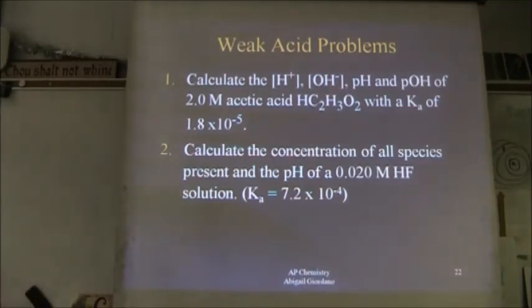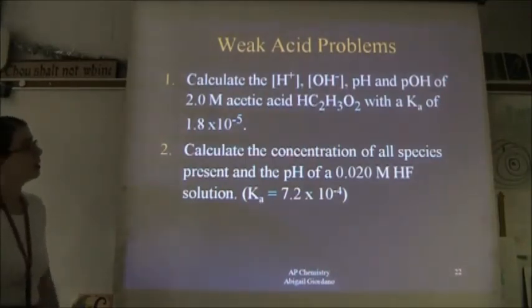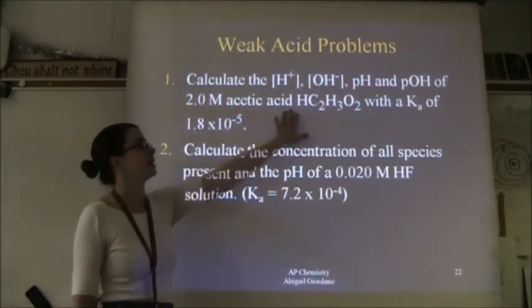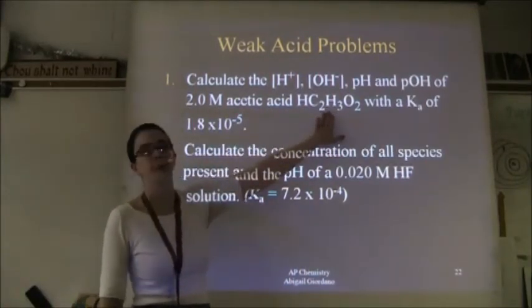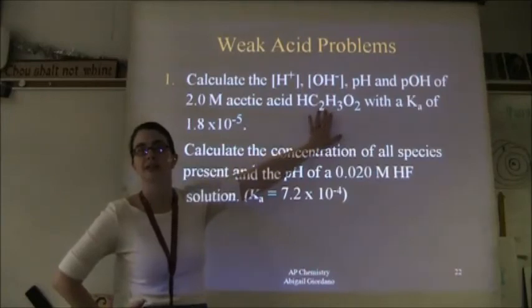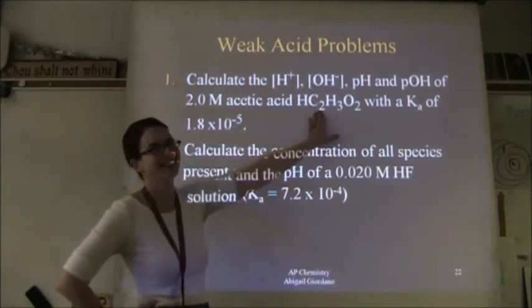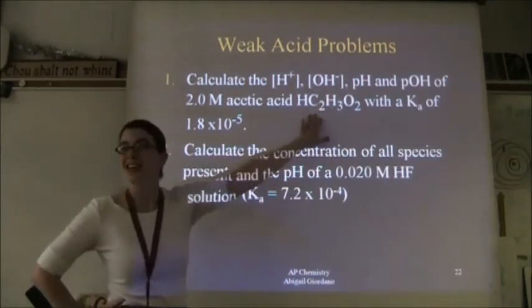You remember that? Okay, great. Find all of these things for a 2 molar acetic acid solution. Stop right there. Look at the acid. Strong or weak? Weak. Good. It's on a weak acid slide. It's probably weak. Okay. It is weak.